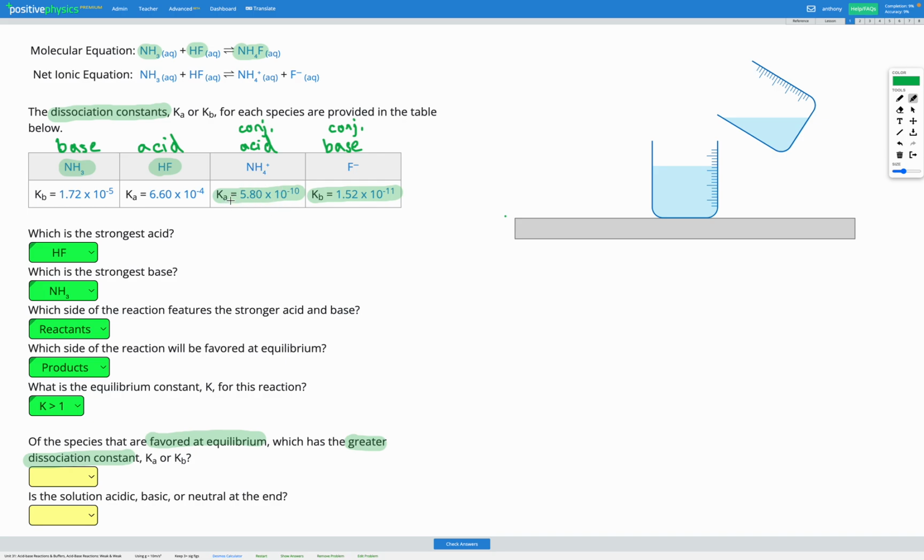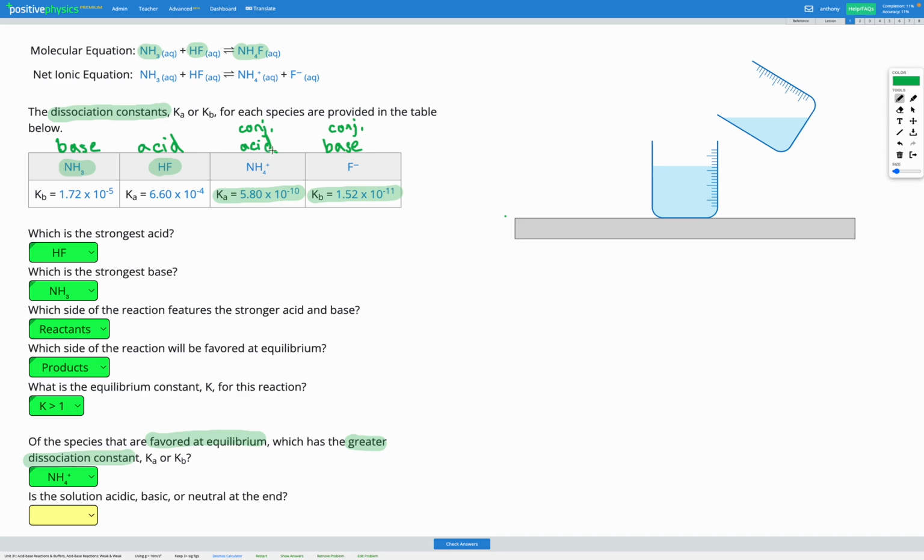I can see that Ka for ammonium is 5.80 times 10 to the power of negative 10. Kb for fluoride ion is 1.52 times 10 to the power of negative 11. So the Ka of NH4 plus is greater than the Kb of F minus. So which has the greater dissociation constant? It's NH4 plus.